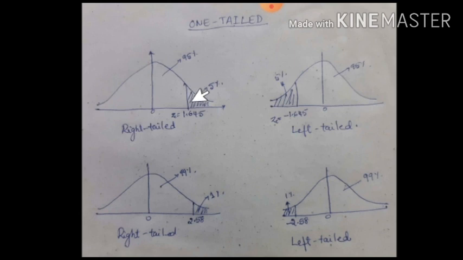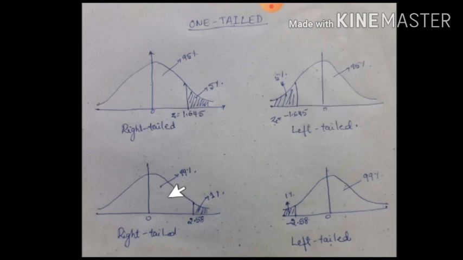For two-tailed, the standard Z value is 1.96 on the right and minus 1.96 on the left. But here it is 95% from the left side up to here, and 5% here. So the standard Z value for one-tailed is 1.645 if taken on the right side, and minus 1.645 if taken on the left side. So it is right one-tailed or left one-tailed.